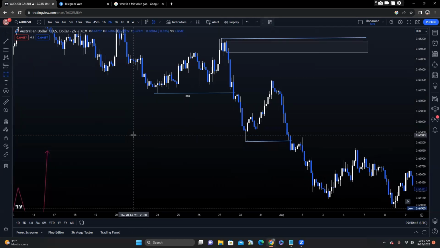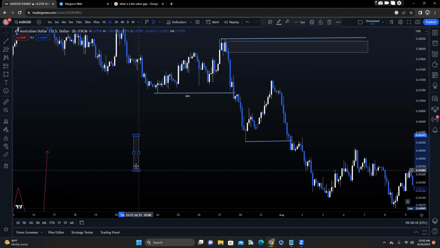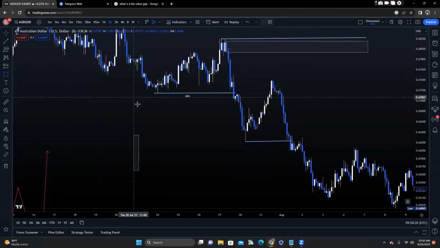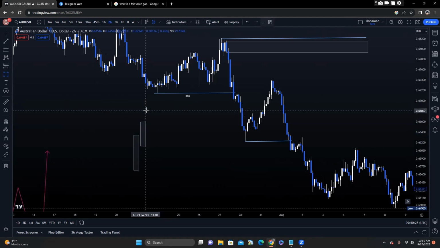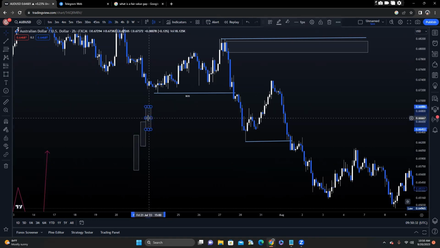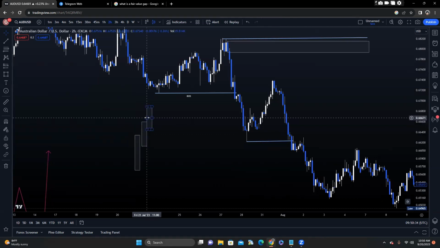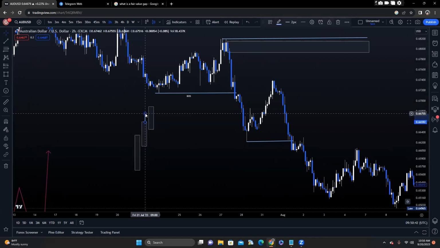Now, if we have three candlesticks like this, three consecutive candles following each other, right? Or something like this. They'll have our wick here.